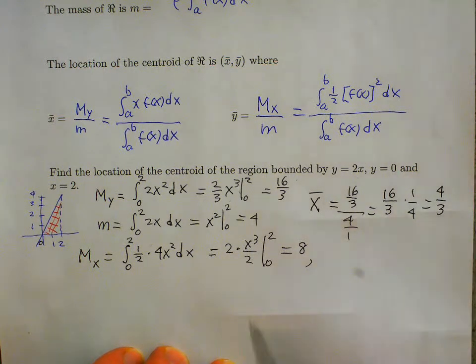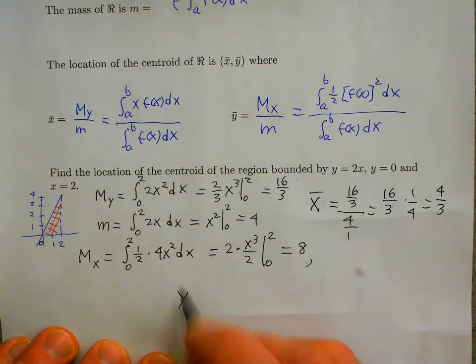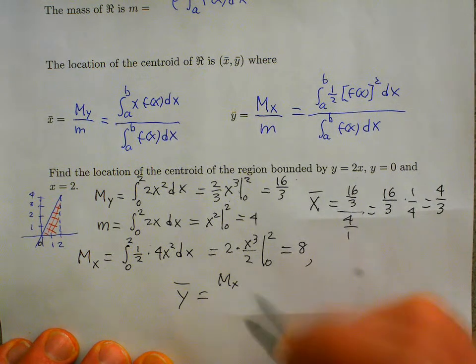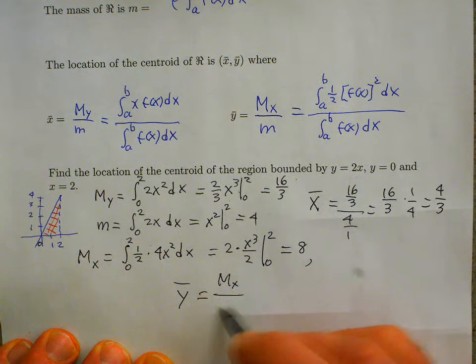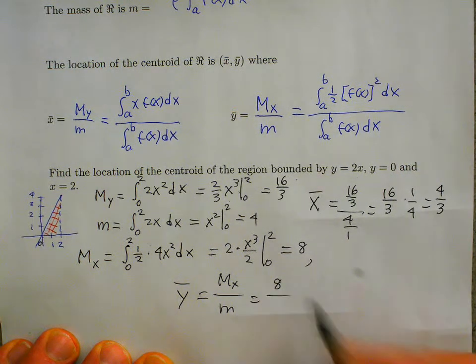So if I did that correctly, then y bar should be the moment about the x-axis divided by the mass, which is 8, divided by the area, which is 4.